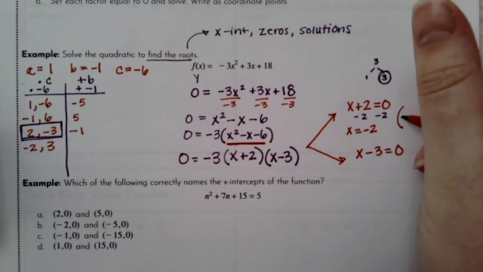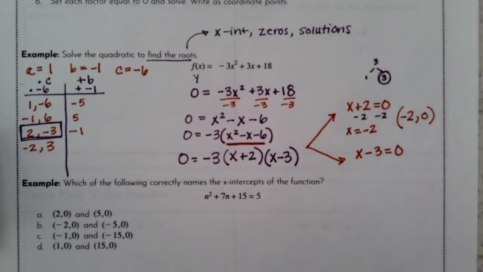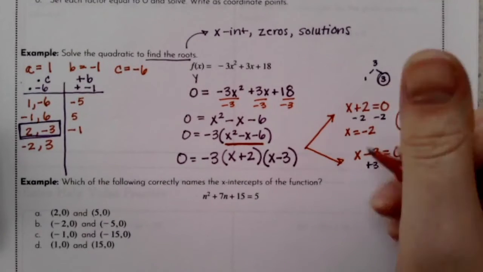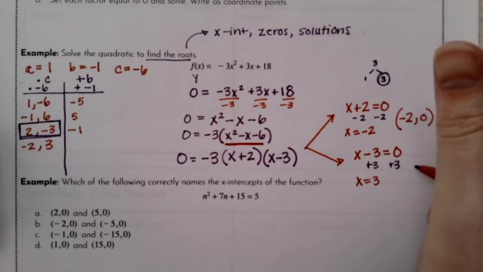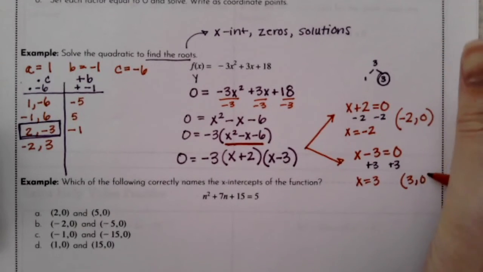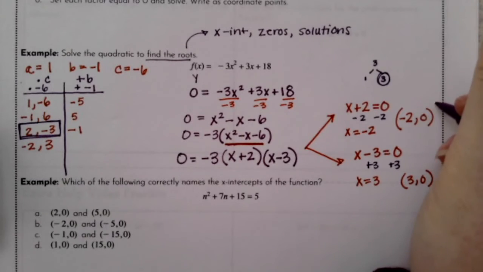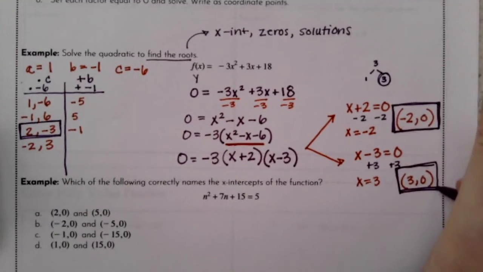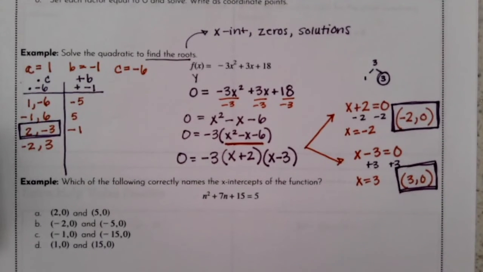Writing that as a point is -2, 0. For this one I add 3 to both sides and I get x equals 3, and writing that as a point is 3, 0. And so here are my 2 solutions, my 2 x-intercepts for my quadratic.